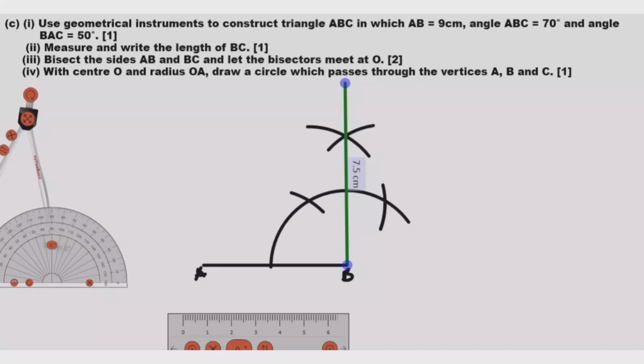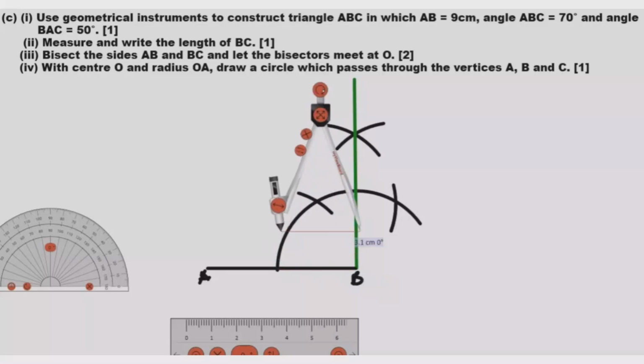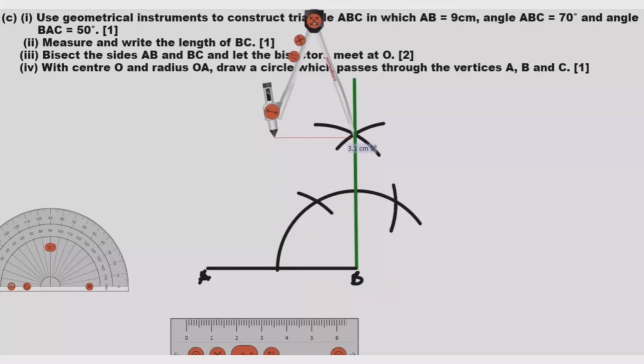Now from this 90-degree angle, I'm going to construct a 70-degree angle. So what we need to do is bring the compass here, then we'll take this measurement. As you can see, this is the same measurement we have been using, and then we'll bring this compass at this point.